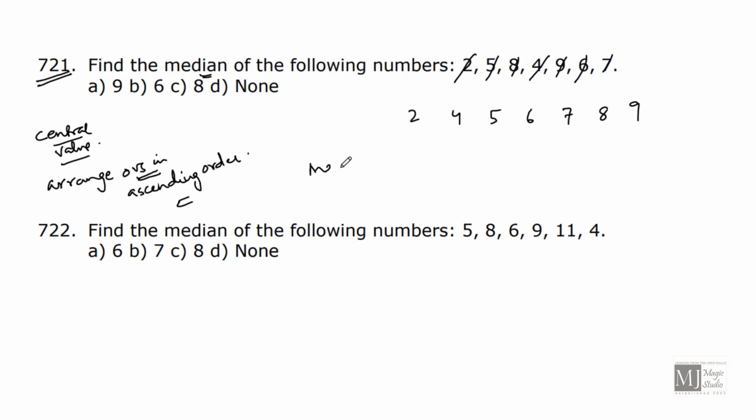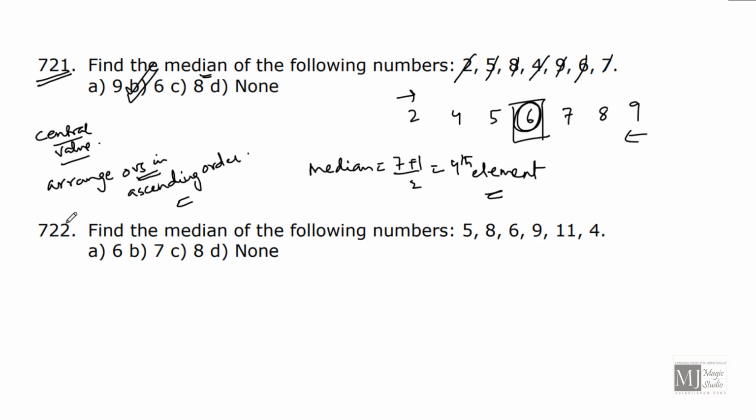So median would be 7 plus 1 by 2, that is 8 by 2, the fourth observation. Either you go from left to right or from right to left, median is the fourth observation. If we go from left to right, 1, 2, 3, 4, that is 6. If I go from right to left, 1, 2, 3, 4, that is 6. So the median of these numbers is 6.